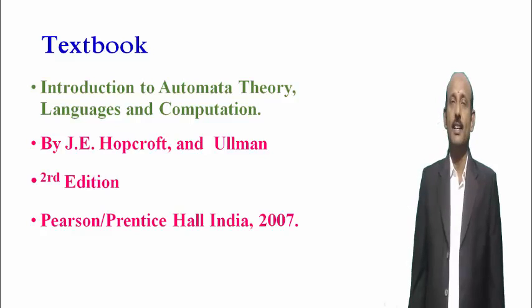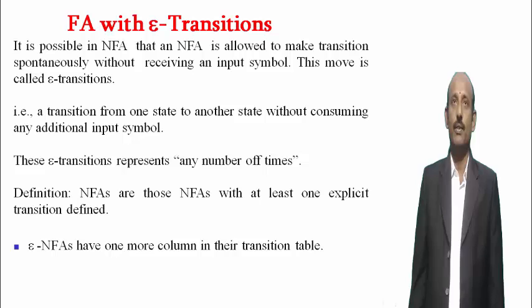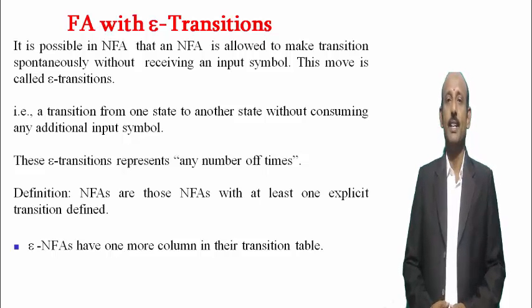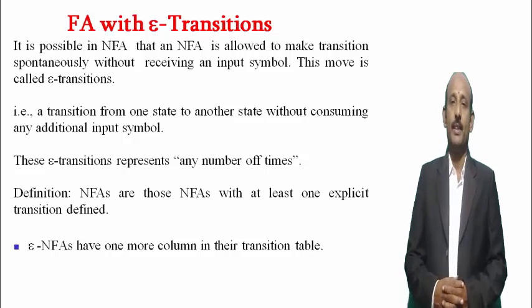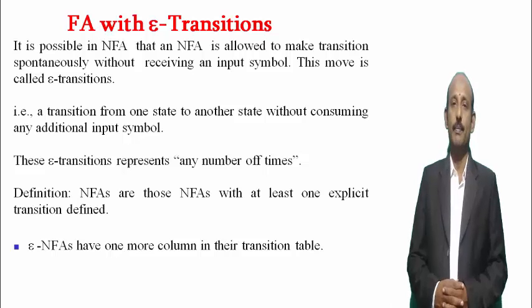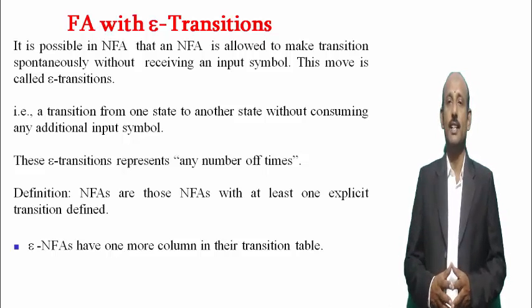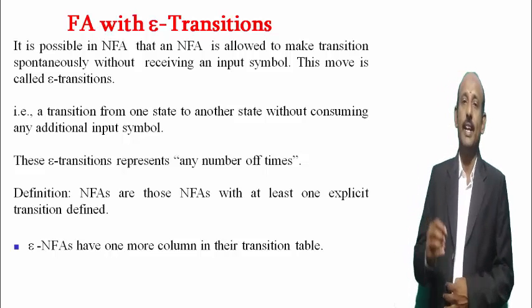So finite automata with epsilon transition. Finite automata is the recognizer which recognizes the input string. The finite automata is represented in a diagrammatic way, where it takes the input and makes the transition from one state into another state. Whereas in finite automata with epsilon transition, epsilon denotes the empty input.